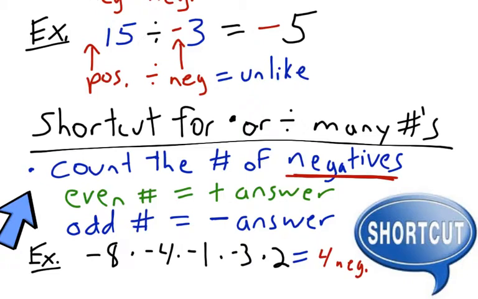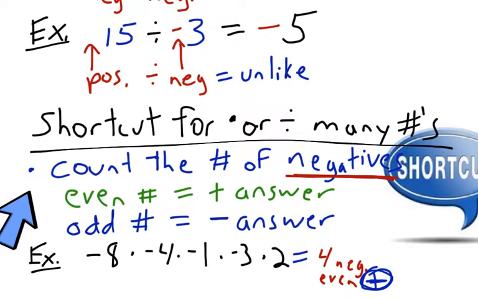And 4 is even. That's an even number. So that means my answer is going to be positive. It's a positive answer, and it's really going to be 192, not that you needed to know that. We're really just checking to see if it's a positive number or a negative number.